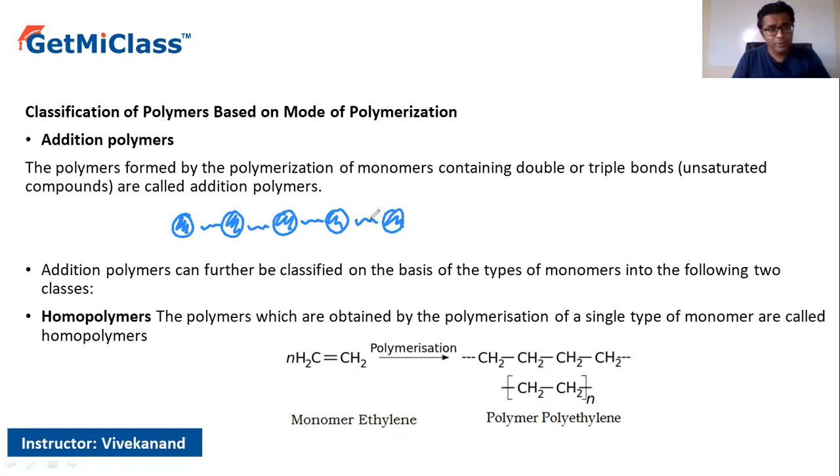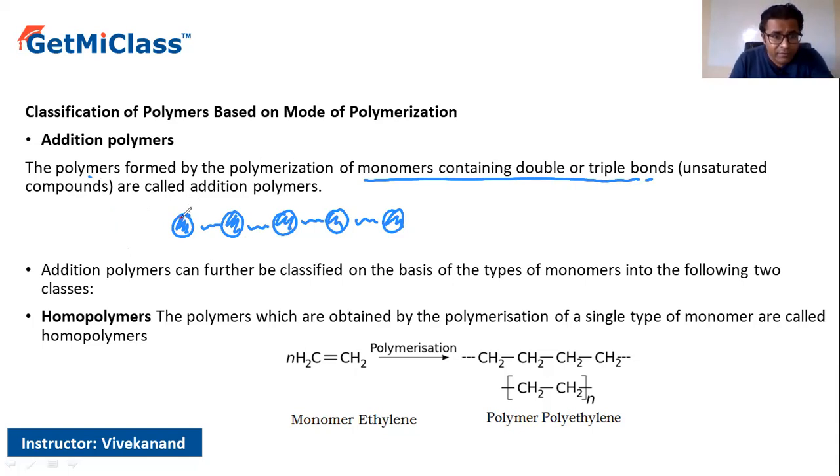Okay, so here the polymers are formed from polymerization of monomer units which contain either a double bond or a triple bond, right? So these are nothing more than your addition polymers. Now try to understand this.